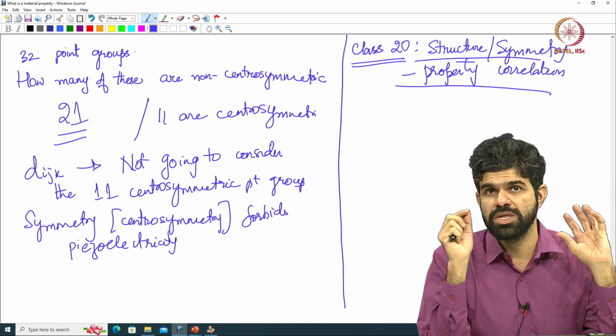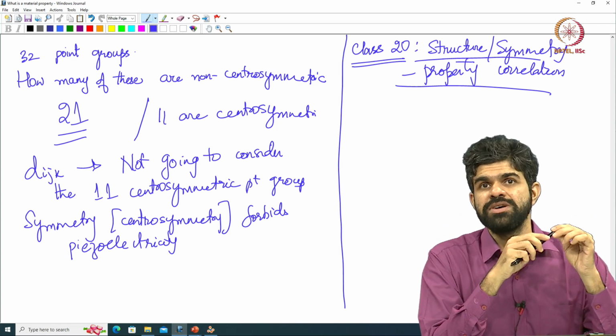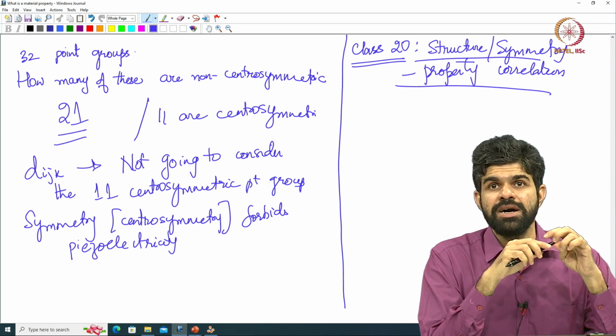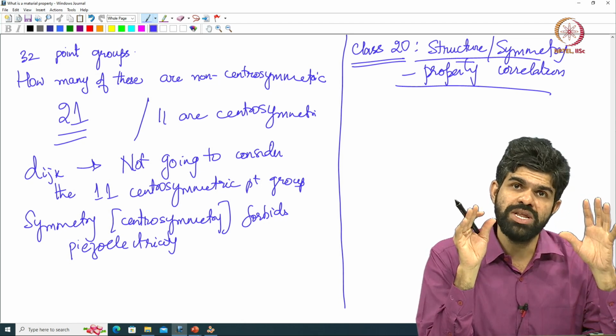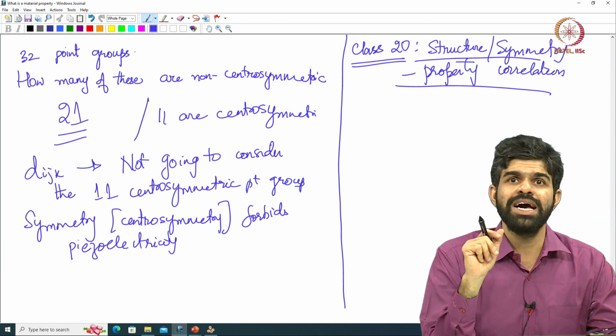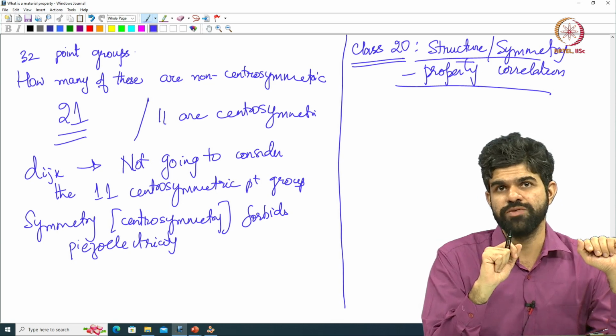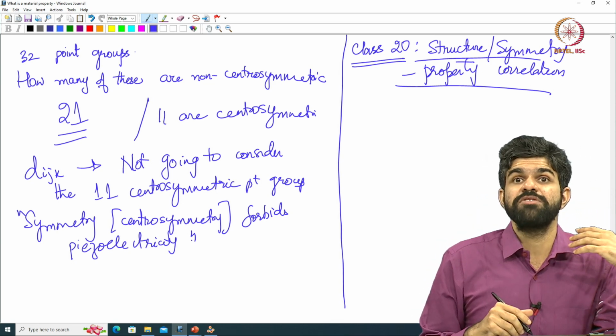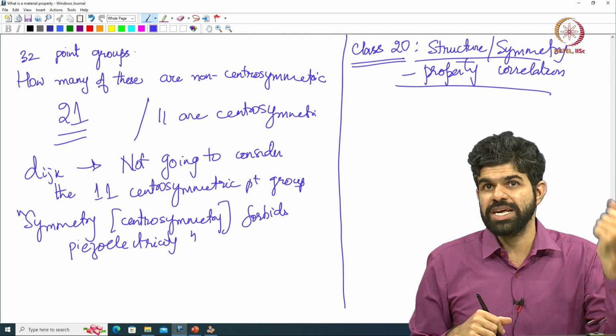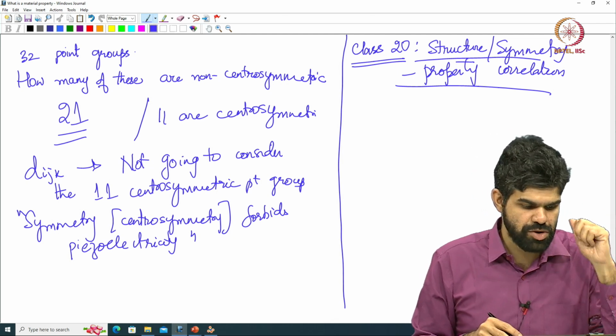The standard tricks of the game, to make it non-centrosymmetric. Only if you make it non-centrosymmetric can I measure some sort of a piezoelectric coefficient. So centrosymmetry, for example, forbids piezoelectricity or a second harmonic response from these materials.